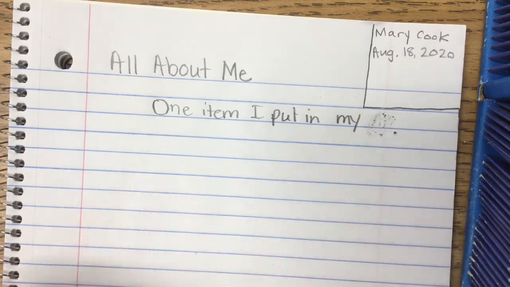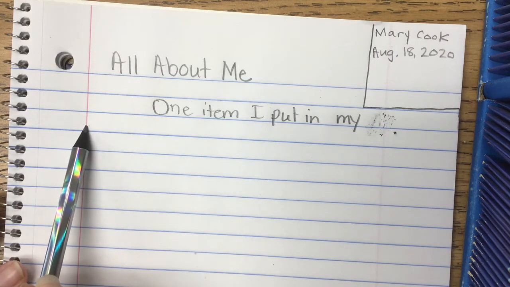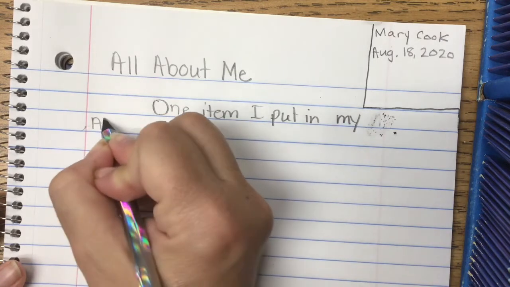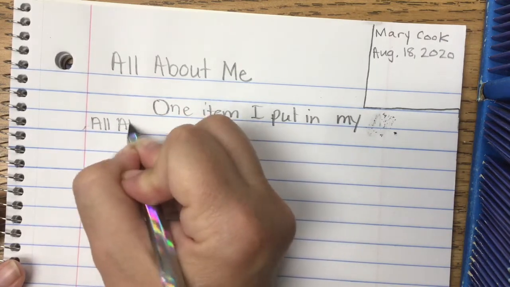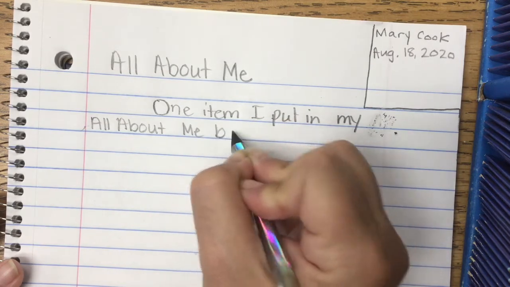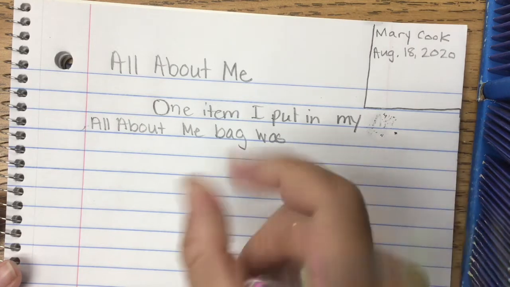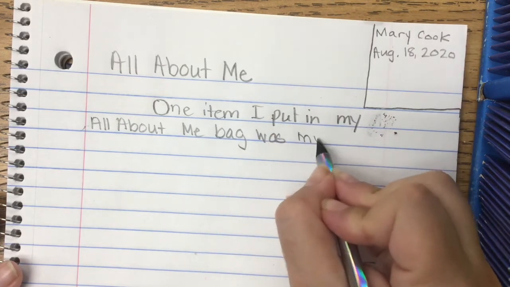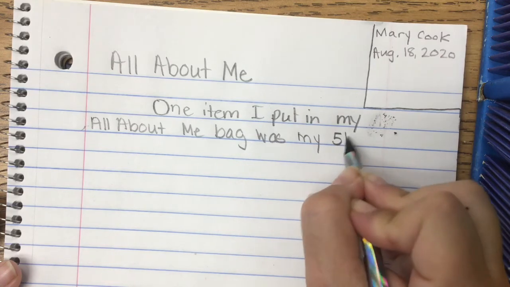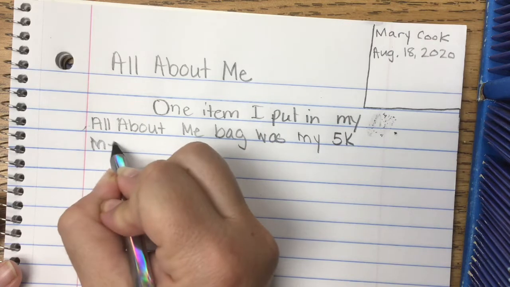So I'm actually going to go like a typewriter all the way over here back to the other pink line to the margin. So one item I put in my all about me bag was my 5K medal.